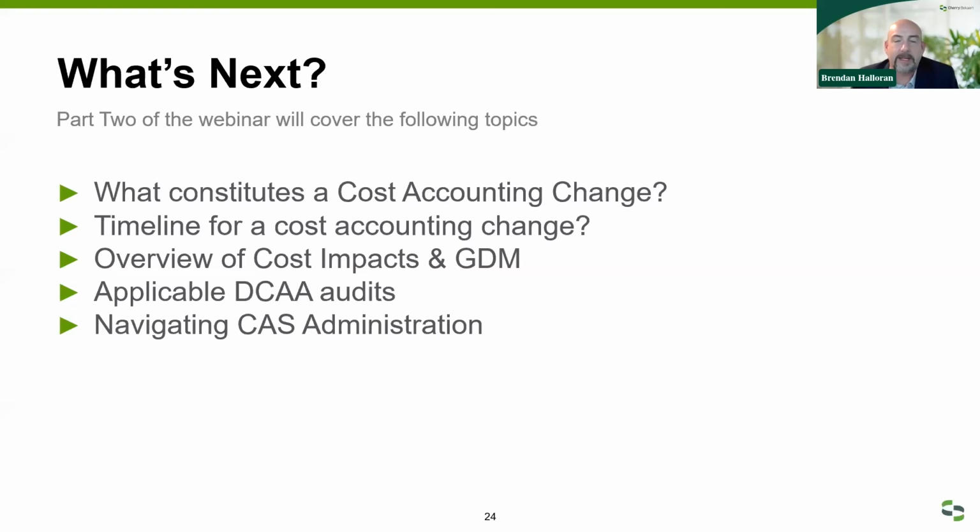We've hit on that a number of times, and that can be a very detailed process that needs to be navigated with the government. What are some of the timelines that are associated with it, because you really do need to do prior planning to make some of those things happen if you want to implement a change.